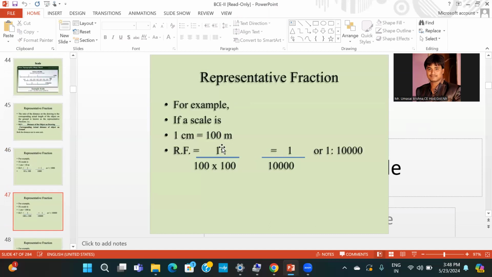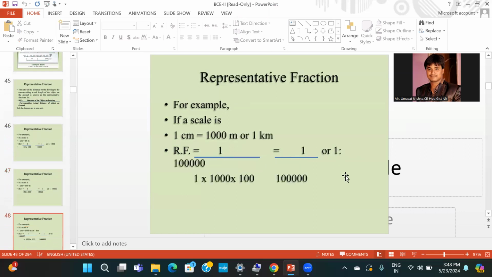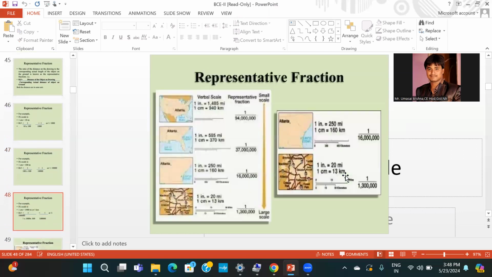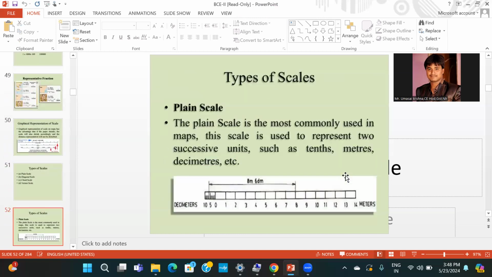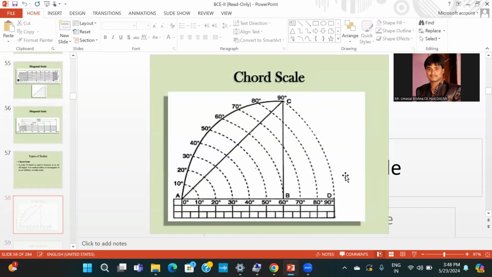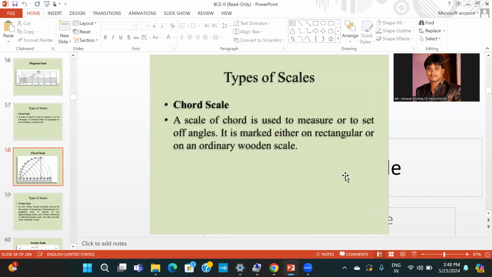Here you can see another example: 1 centimeter equal to 100 meters. Then here 1 by 100, with meters converted, since 1 meter is 100 centimeters, so 1 by 10,000. These are a few types of scales.